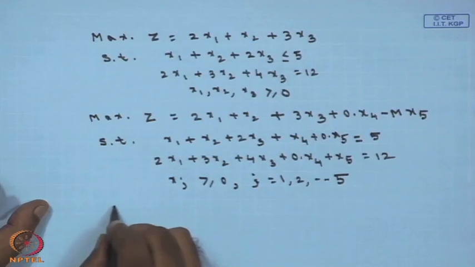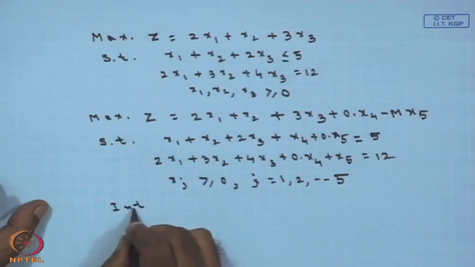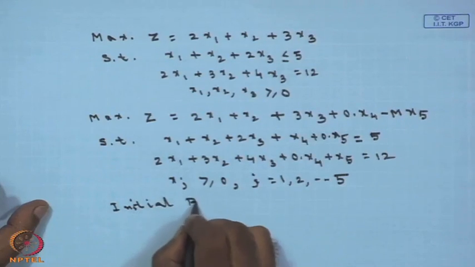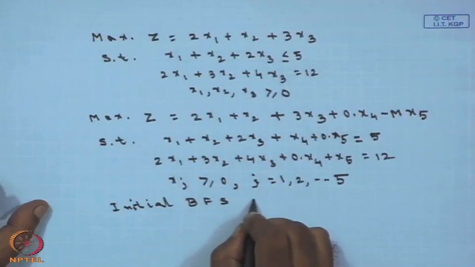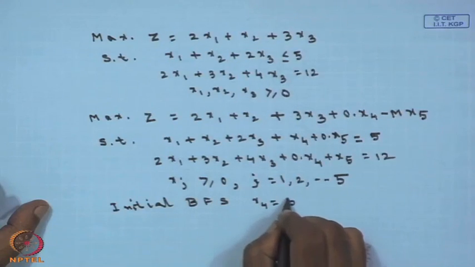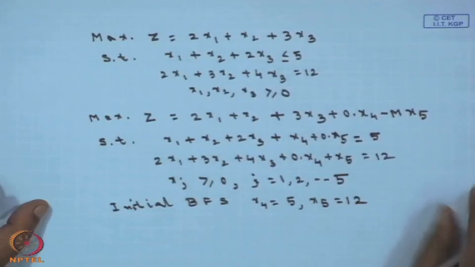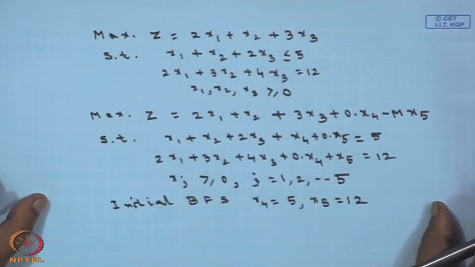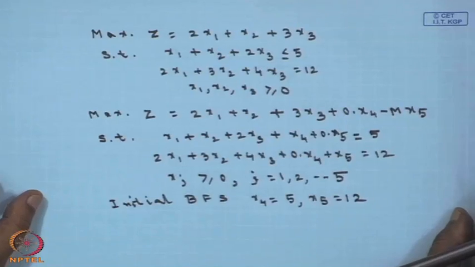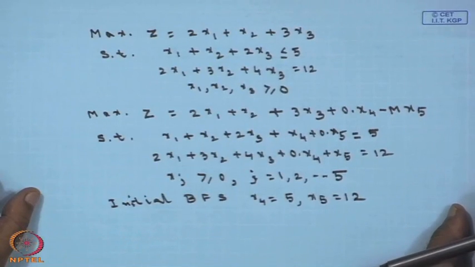So your initial BFS will be x 4 equals 5 and x 5 equals 12, and the other variables x 1, x 2, x 3 will be equal to 0. Now, as usual, we have to form the initial table and from there start the iterations.